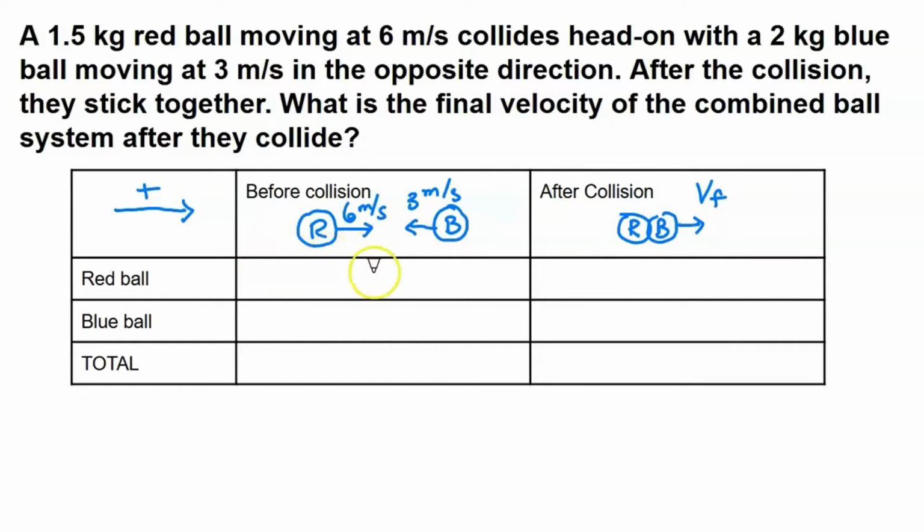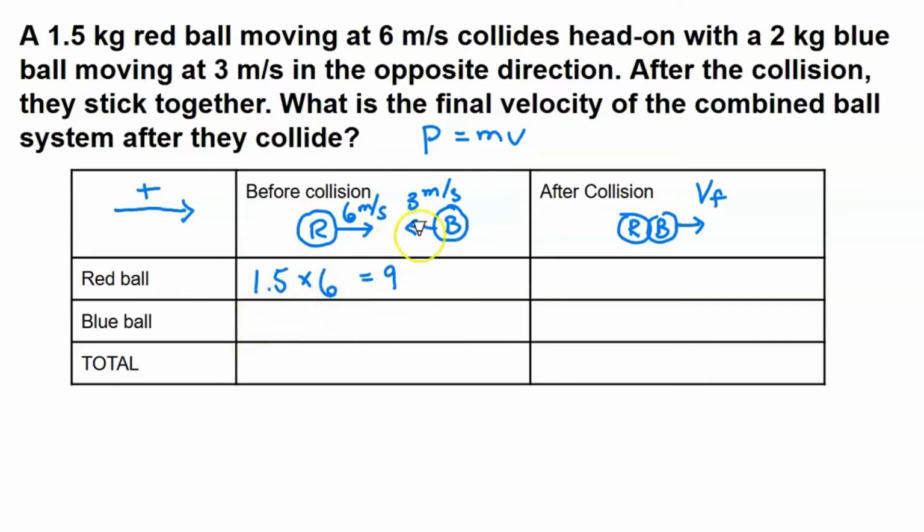Now we're going to calculate their momentum. Before the collision, the red ball's momentum is 1.5 kilograms times 6 meters per second. Momentum is mass times velocity, and we get 9.